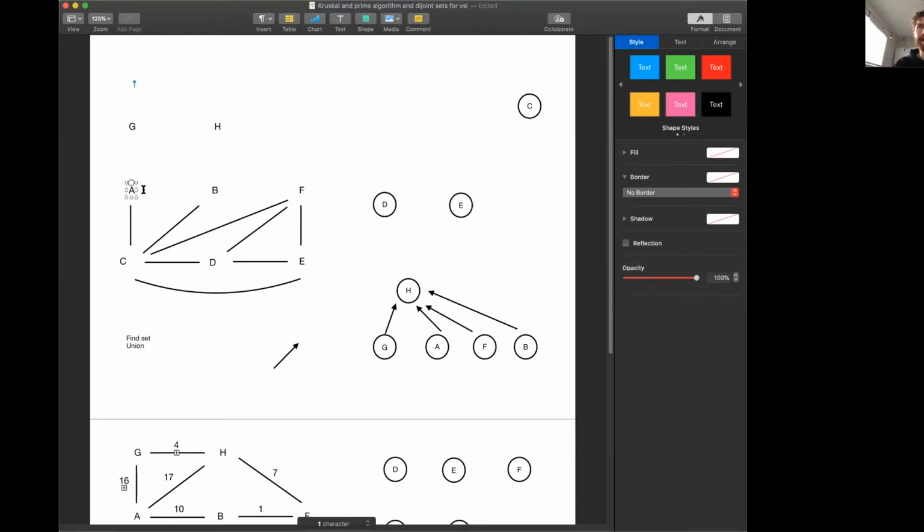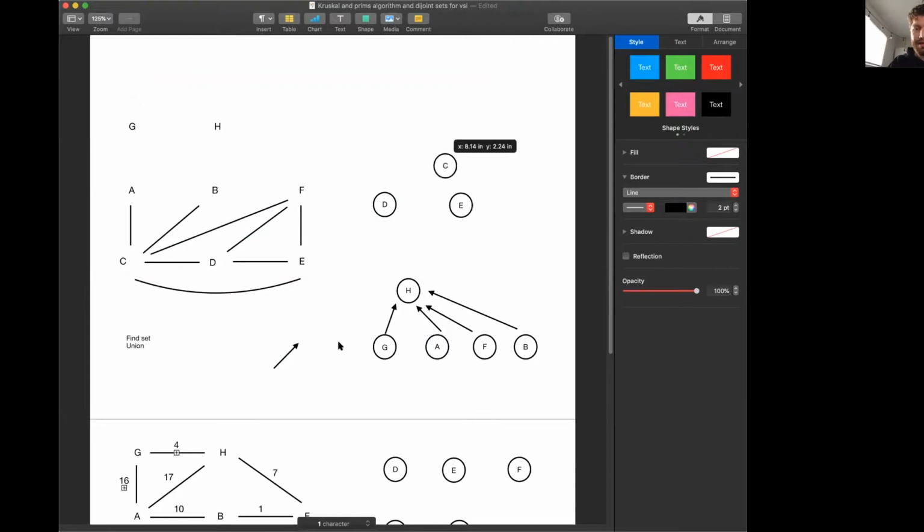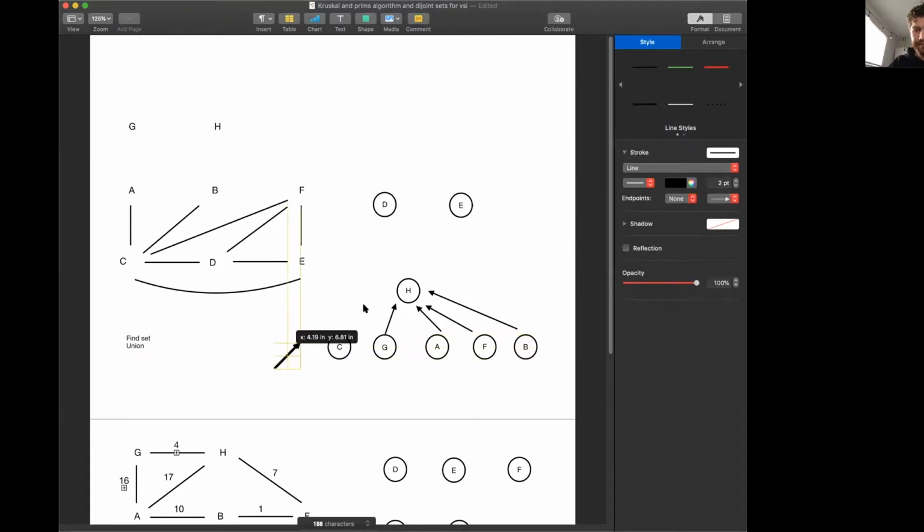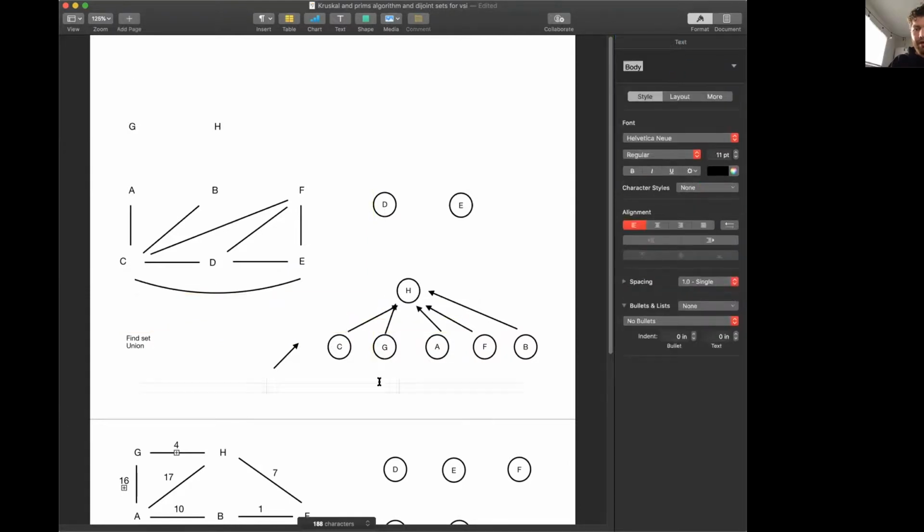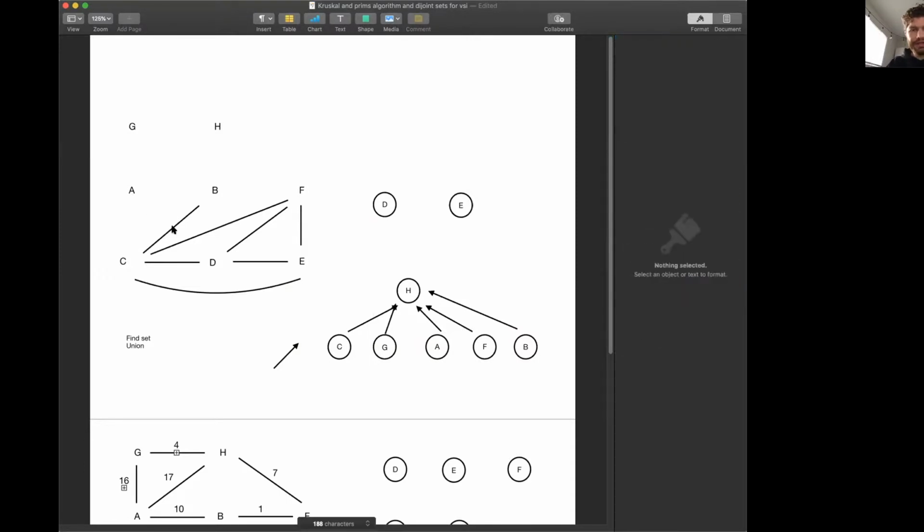I call find set on A. This is A right here, and it's in the disjoint set of H, so it gives me H. I call find set on C. C is here, and C is by itself, so C gives me C. So I notice that C and A are in different disjoint sets, so I union them, and that means C will join H. Now I'm done with this edge.